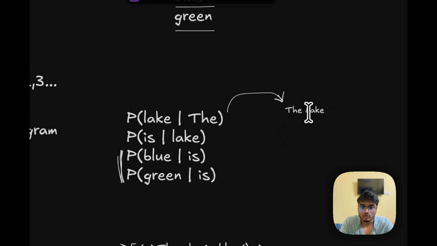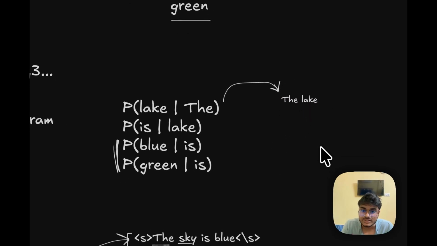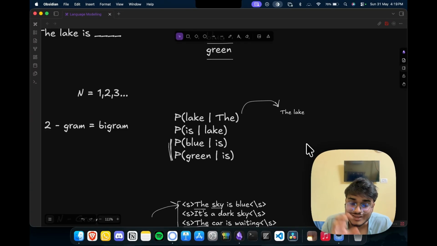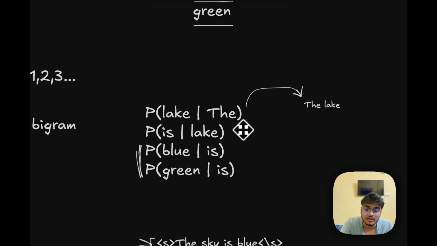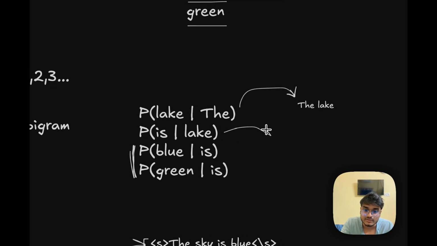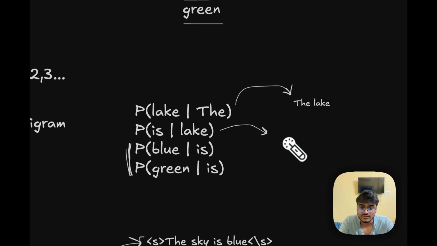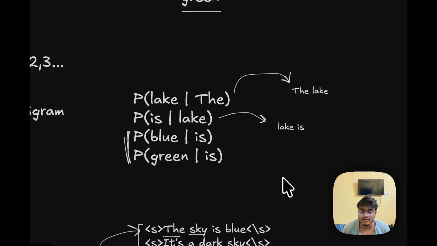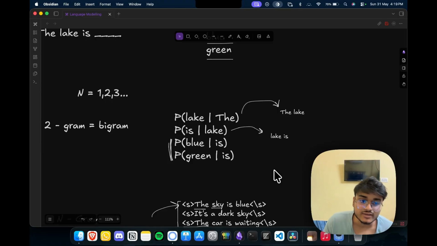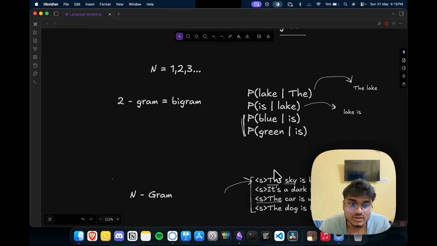What is the probability of the lake? What is the probability of lake to exist after the? What is the probability of, let's say, is after lake? So you have to find this probability. This is called the bigrams.